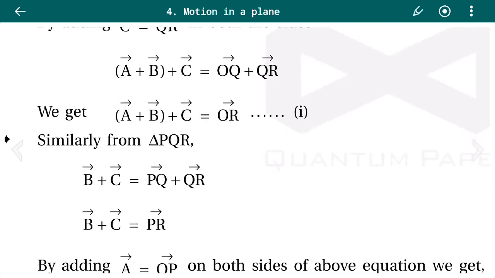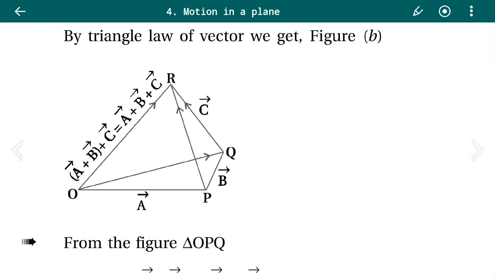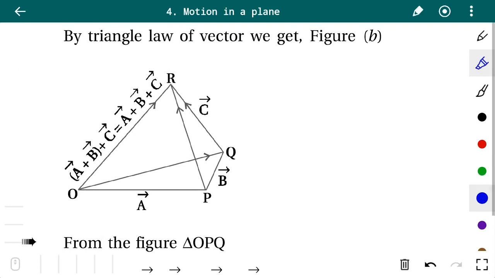That is equation 1. Now in the same way we will be using the triangle PQR, that is vector B plus vector C. Vector B plus vector C will give me the resultant as PR.